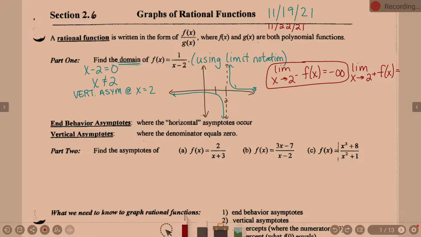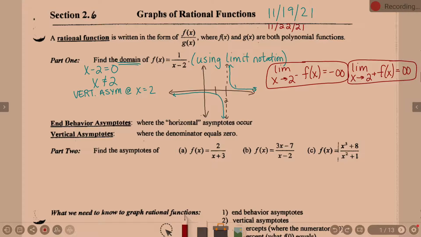So there's our limit notation there. So as you look at the graph, as we trace the graph and as we approach 2 from the positive side, where's my graph going? It's going to go up, which is represented as positive infinity.